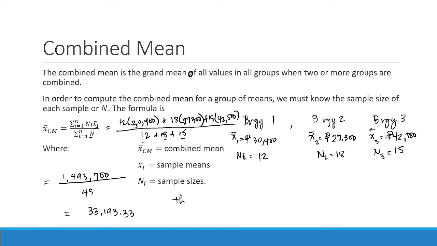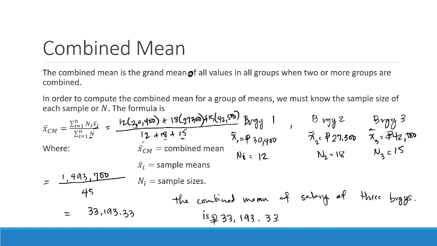So, the combined mean of salary yung sinabi natin kanina na three barangays is 33,193.33 pesos. So that is how we compute or how we utilize our combined mean.